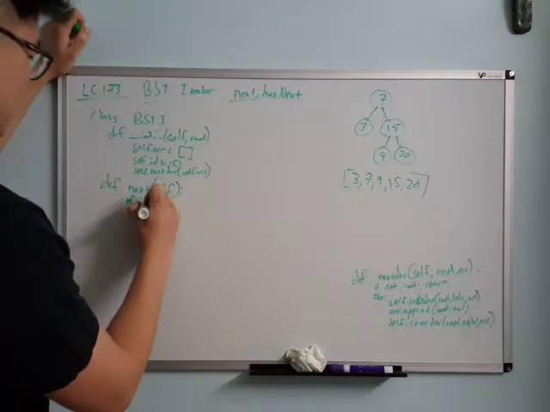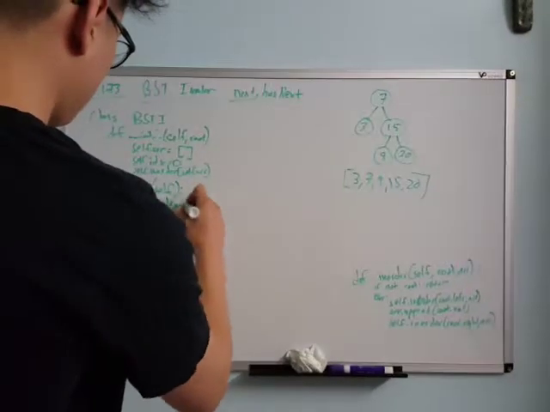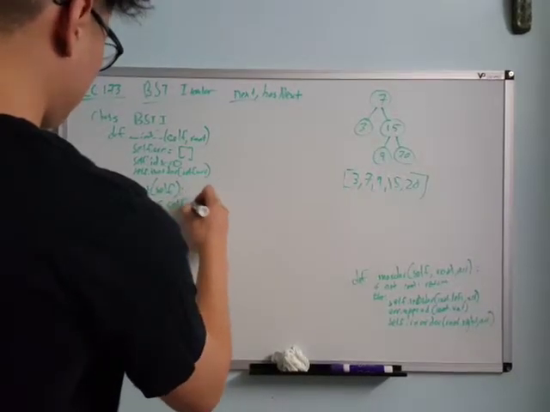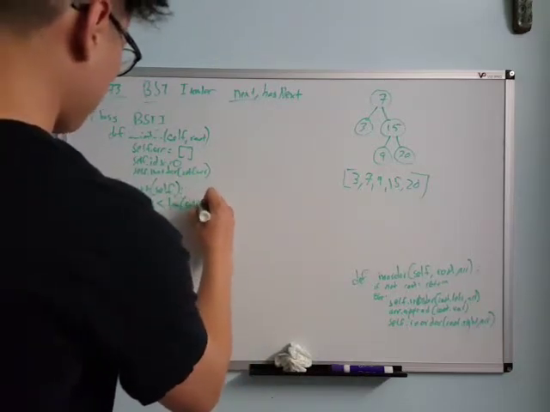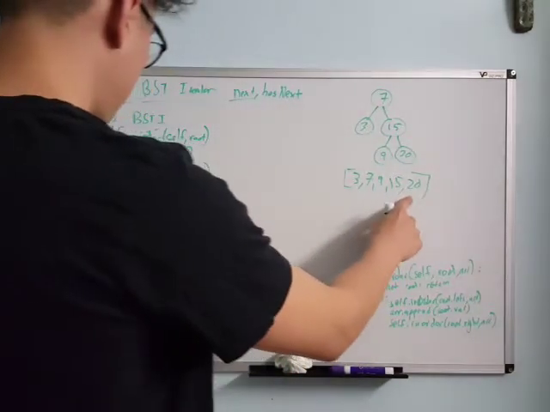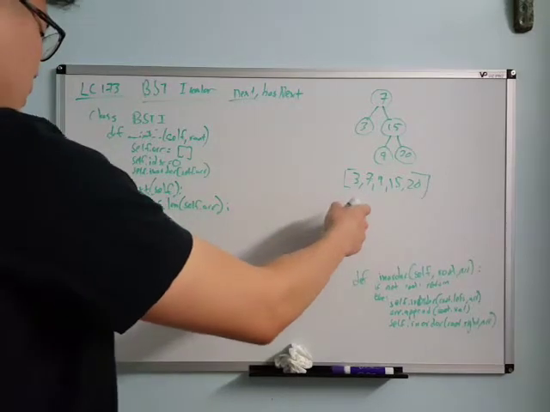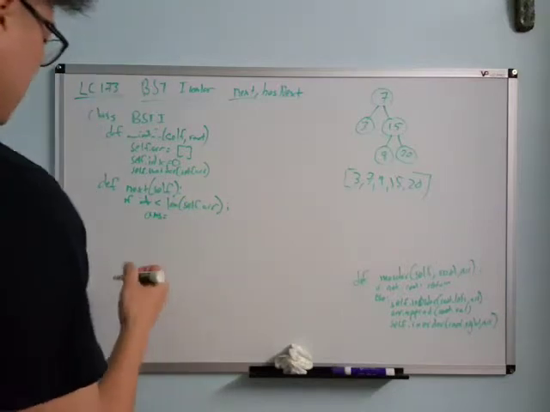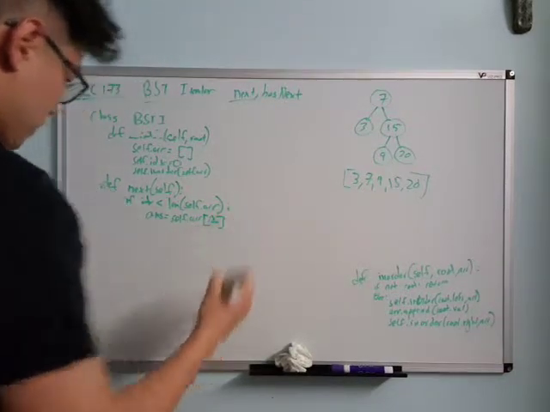If idx is less than the length of self.array, answer equals array at that given index.